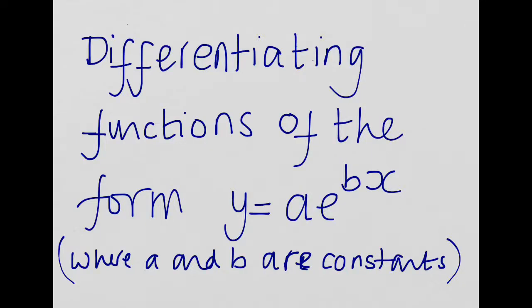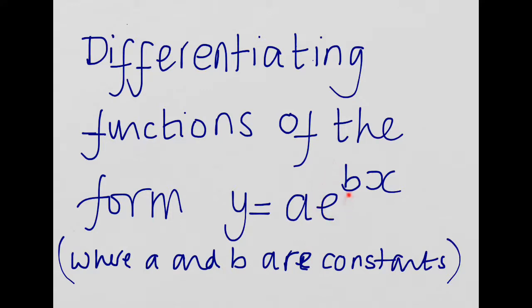Hello, this lesson is about differentiating functions of the form y equals a e to the bx. Now, what we mean by this is e is not a variable, remember, and if you aren't aware of this, you need to go back and understand what e is, which is in one of my other videos.